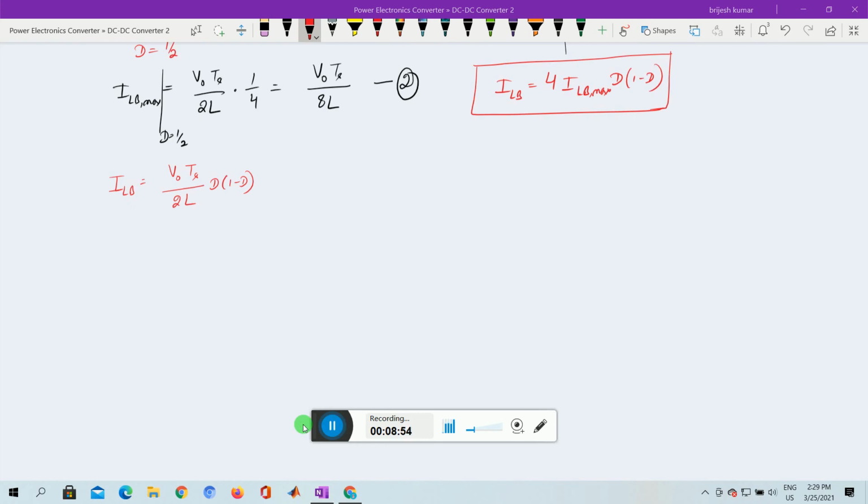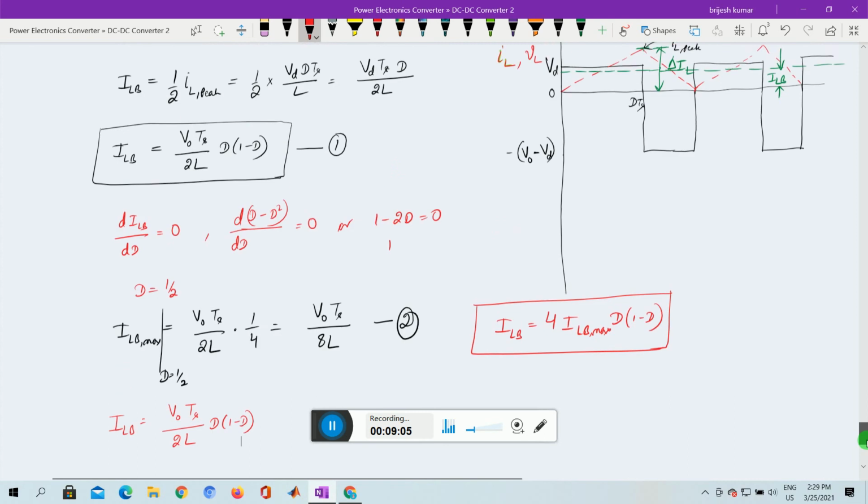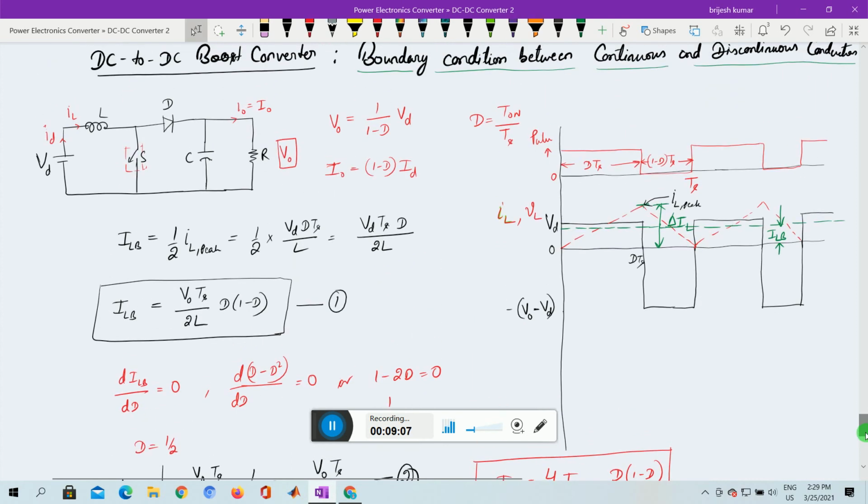Now we rewrite the value of this ILB again here. Our objective is to know what could be the value of I0B. Where is I0? I0 is this term over here, and we would like to write it in terms of I0B, the average value of the output current. This output current, since it is a buck, will be lesser than this, not the same.